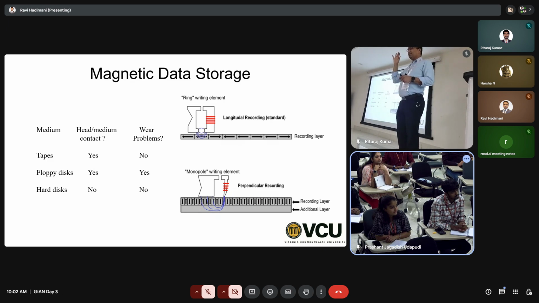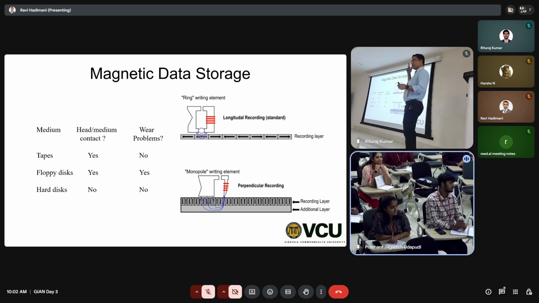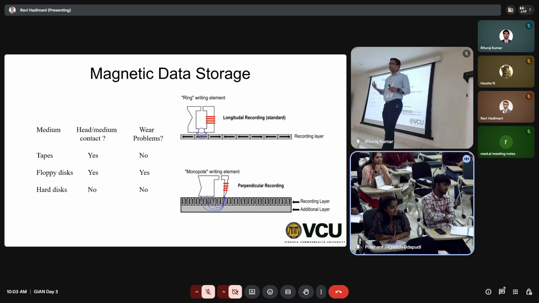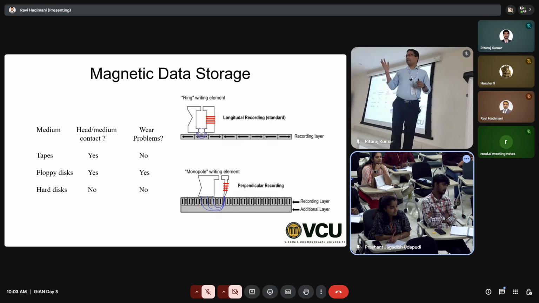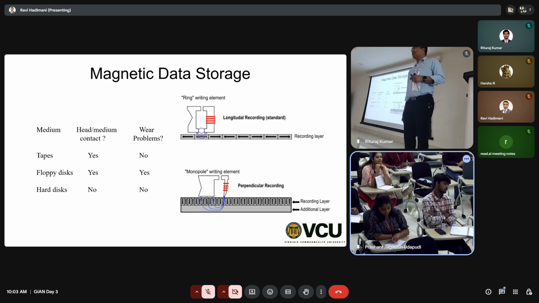Do you know what was the memory capacity of those disks? Yeah, how many KBs? 500 KB. So 1 megabyte, you can understand, right? 1,000 megabytes make a gigabyte, and 1,000 gigabytes make a terabyte. And 500 to 600 KB was the capacity of those floppy disks.